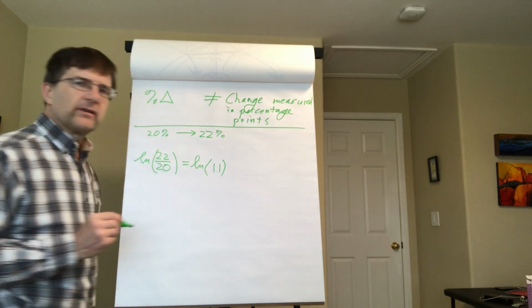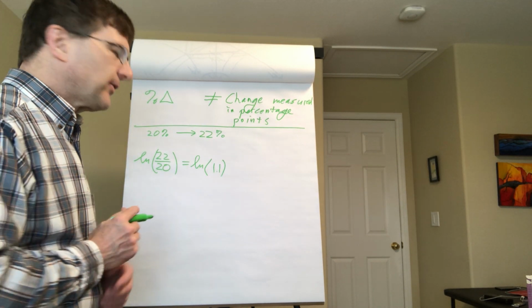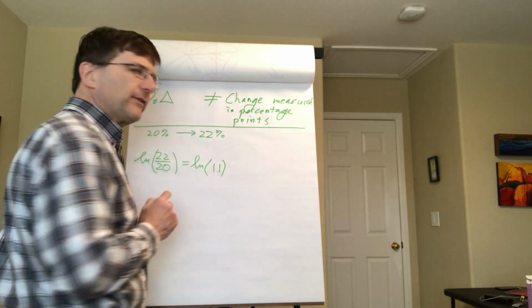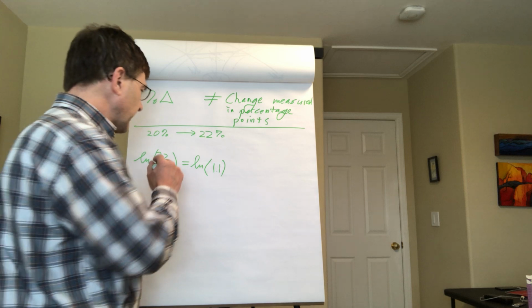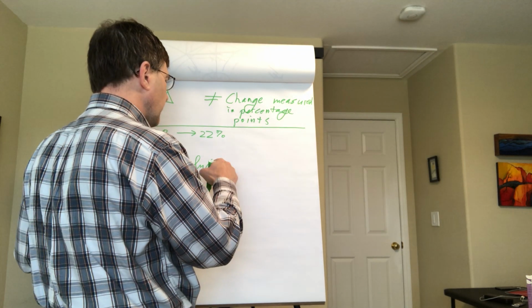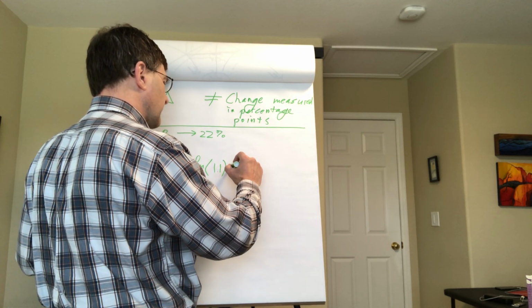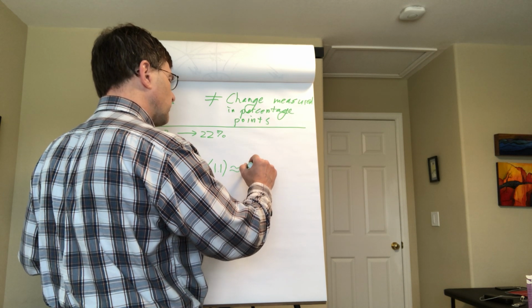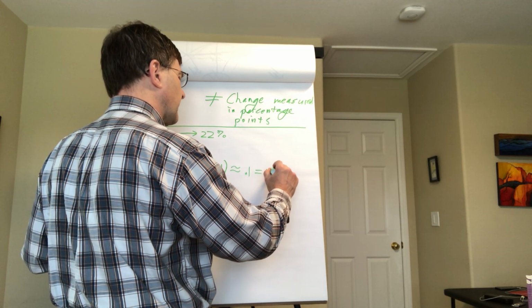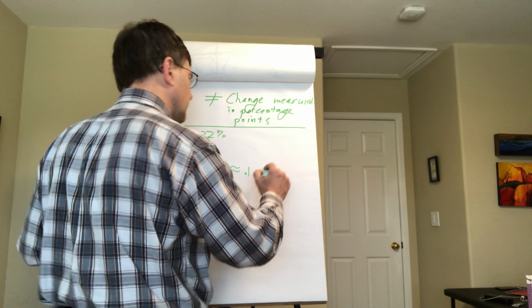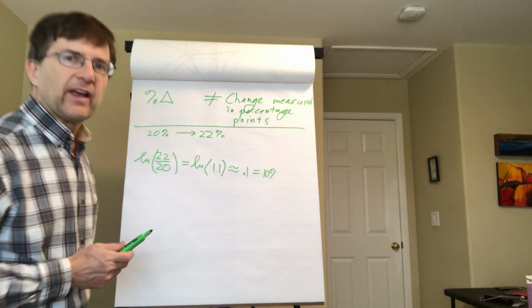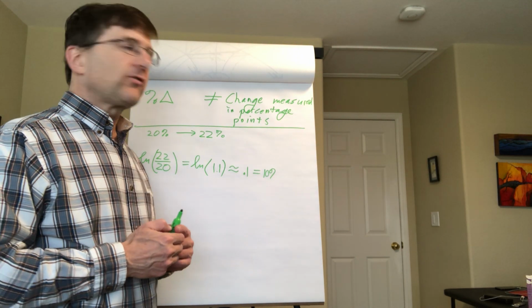I'm assuming you have a very simple calculator if you don't want to do that arithmetic on your own. And this is very close to 0.1, which equals 10%. So the change from 20% to 22% is actually a 10% change.